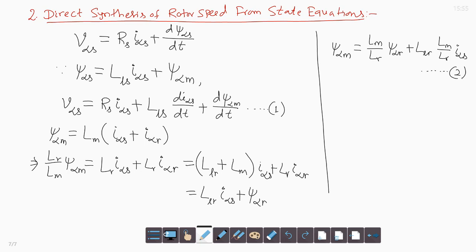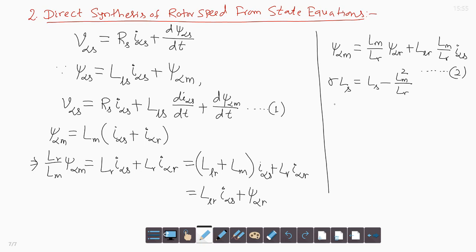Further, let us simplify sigma Ls. Sigma is the leakage coefficient. Sigma Ls is Ls minus Lm square by Lr.